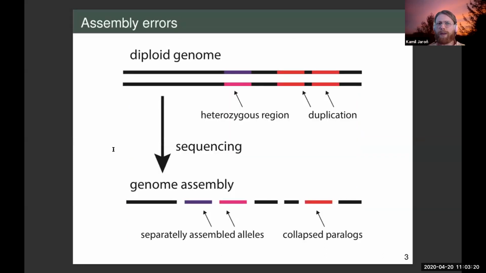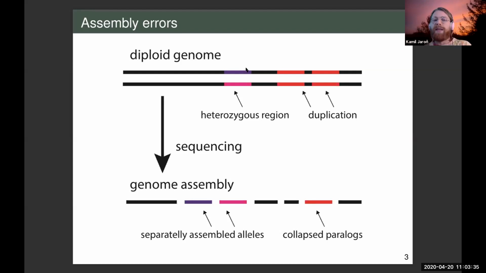So what's the problem with the assembly? If we start with a simpler case than a polyploid genome, a simple diploid genome, there might be some duplicates and some heterozygous regions.